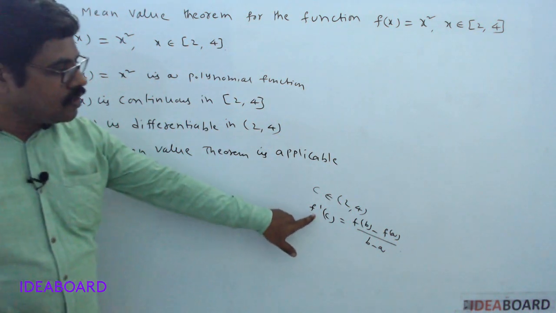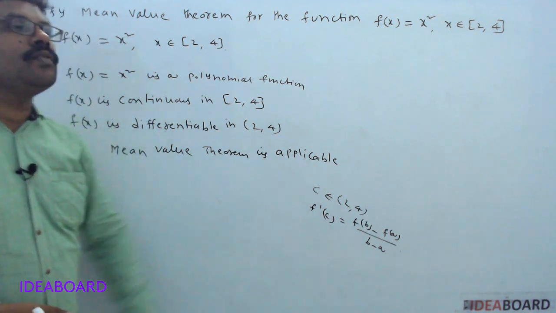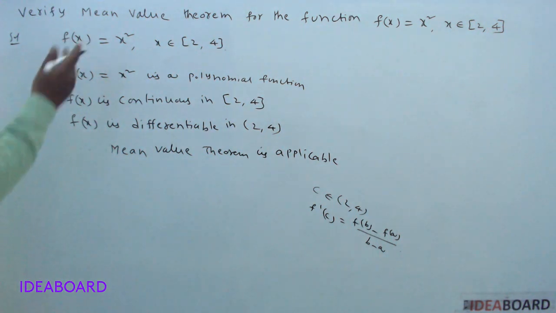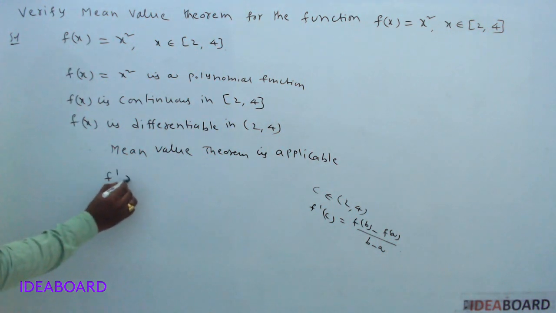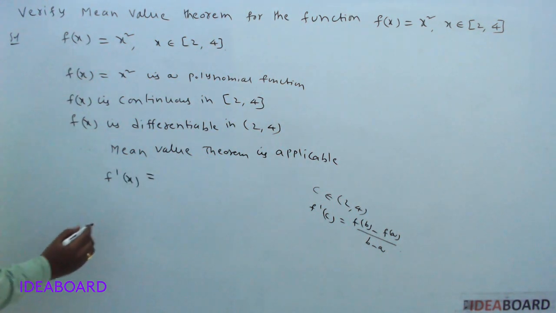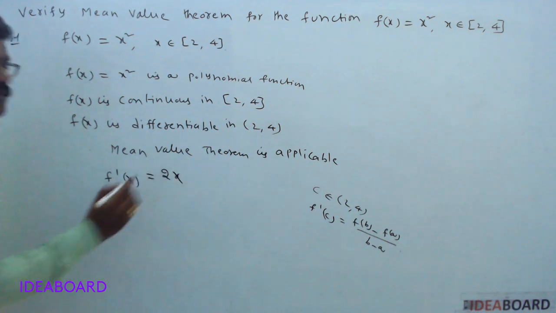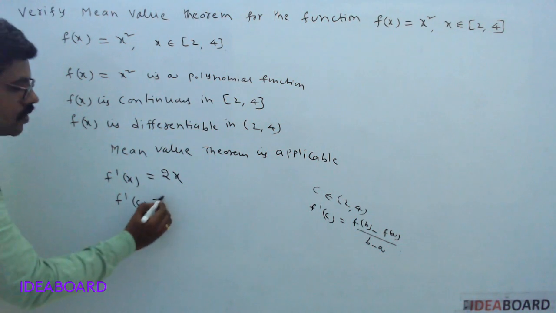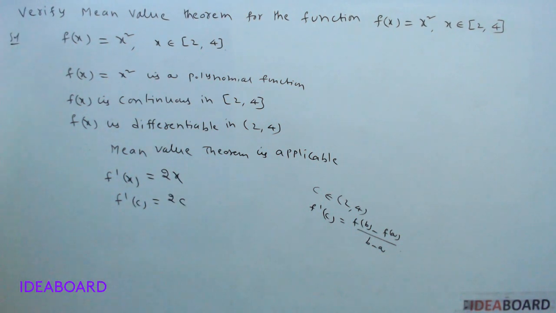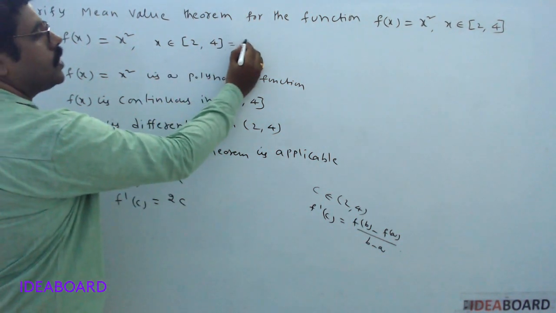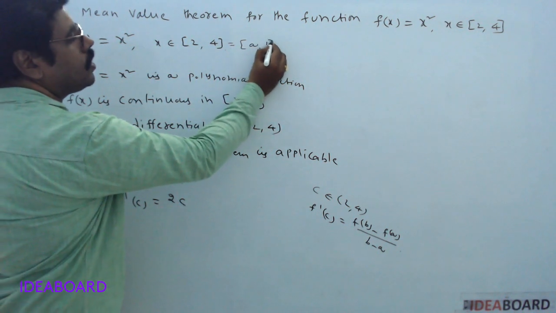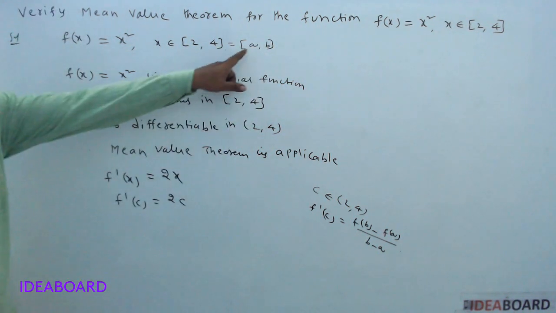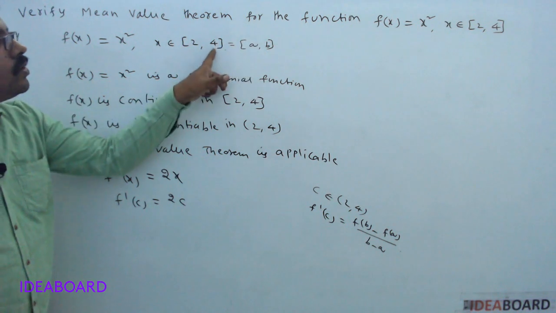Now first you should find f dash of c value. First write down the derivative of f of x, that is f dash of x equals 2x. What is f dash of c? f dash of c equals 2c. Now comparing the given interval with closed a comma b, a value is 2, b value is 4.